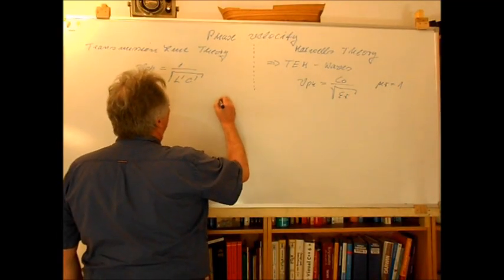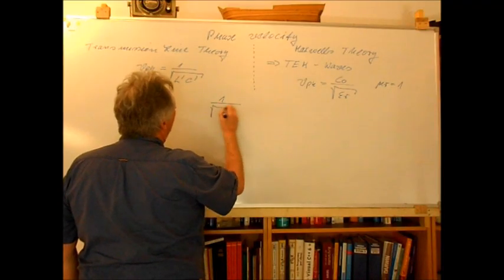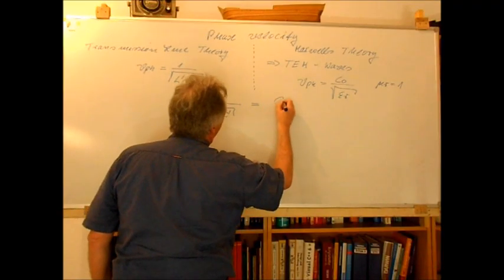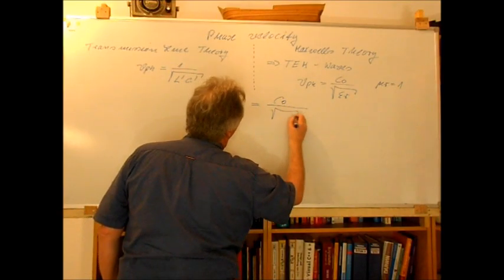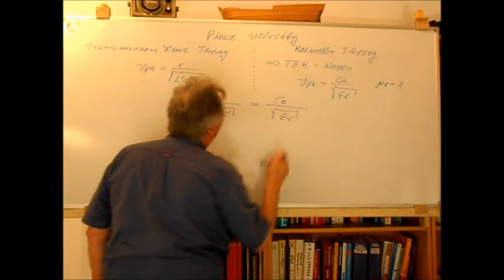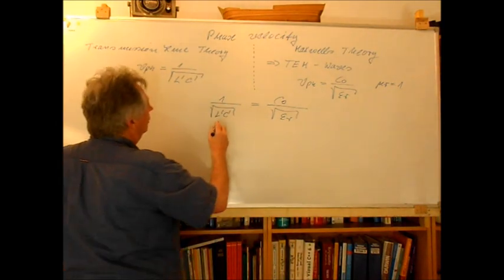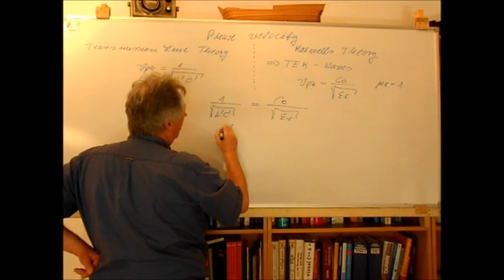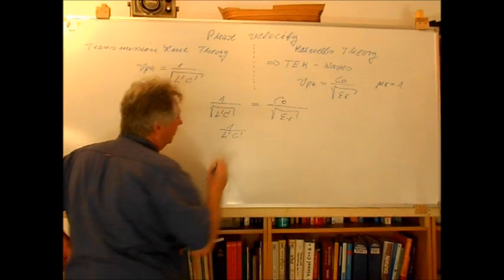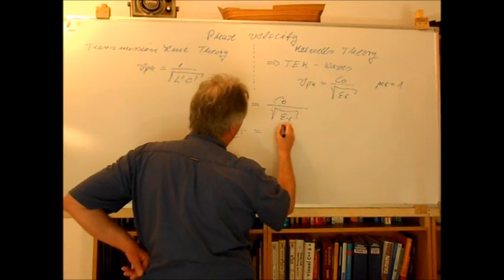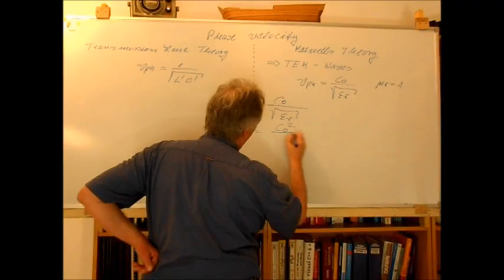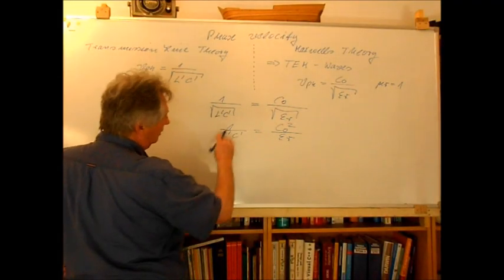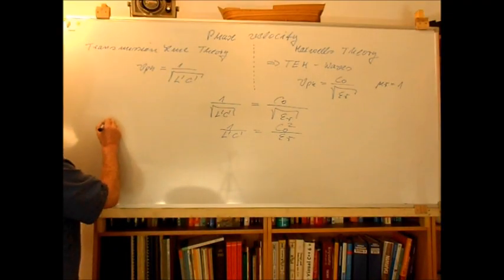Now we will have that 1 over the square root of L prime times C prime must be equal to c naught divided by the square root of epsilon r, which means, for example, if I square both sides, we will have 1 over L prime C prime equal to c naught squared divided by epsilon r, which again means that we can, for example, solve for L prime. Perhaps I'll write it here.